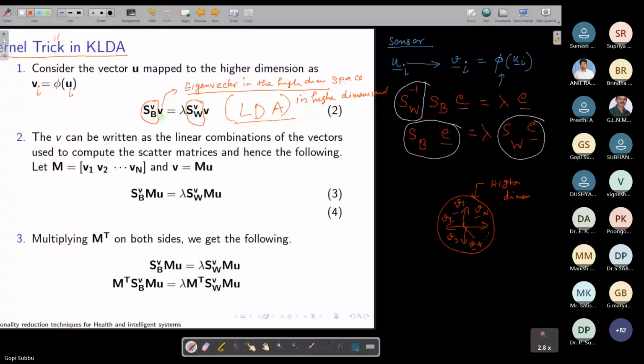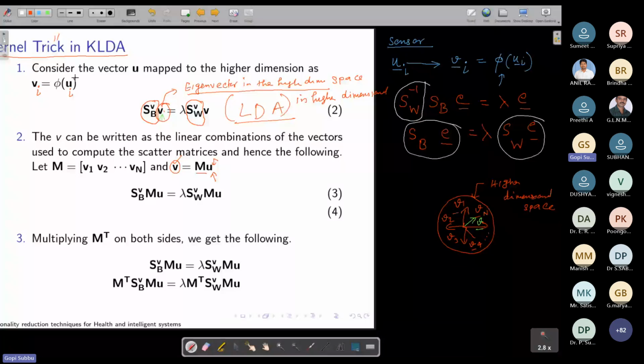The claim here is the eigenvector V, right? So here you can see that this eigenvector V also lies in this space. That is what the thing. When this eigenvector V is also lying in the space spanned by these vectors V1, V2, V3, and so on up to this Vn, we can write the eigenvector V as the matrix M times some arbitrary vector U. This U is not this U, don't get confused.